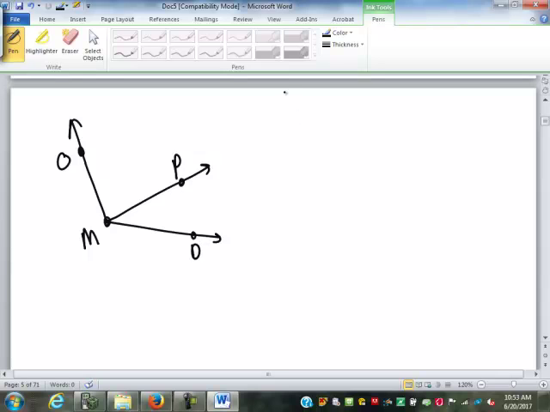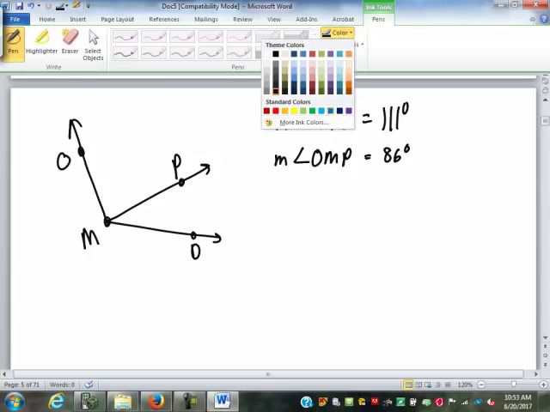If I tell you that the measurement of angle OMD is 111 degrees, and the measurement of angle OMP is 86 degrees. So what does that mean?